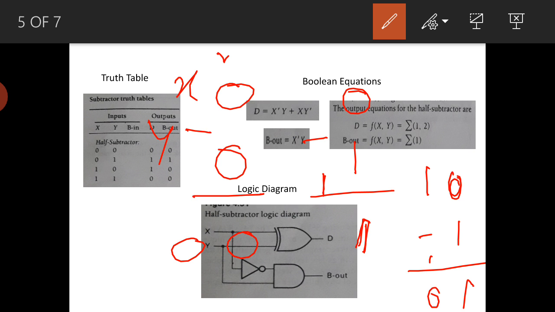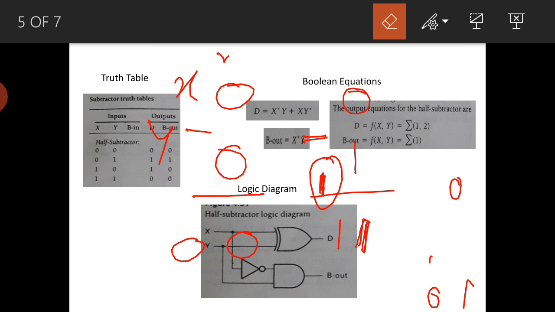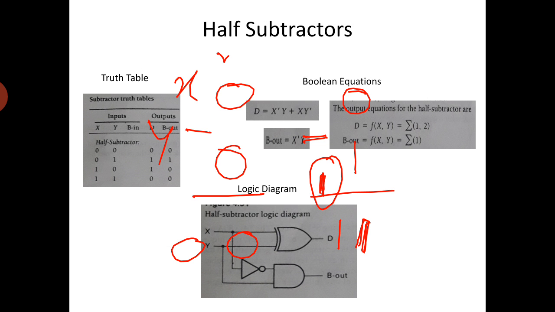If you come to the borrow here, we have taken one borrow. 0 minus 1, we can't subtract 1 from 0, so we need to take one borrow. That is 1 0 minus 1, the difference is 1, and whatever borrow we have taken, that is 1. We need to keep in mind that 0 minus 1 means the difference will be 1 and the borrow will be 1.